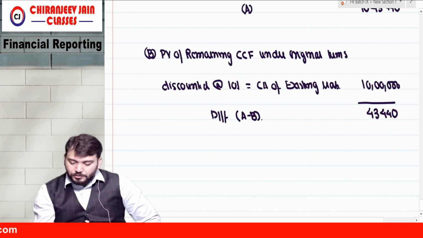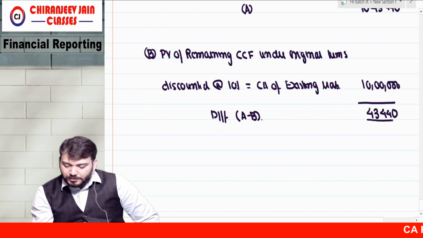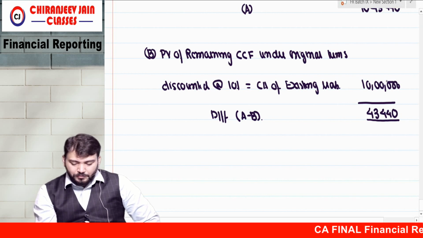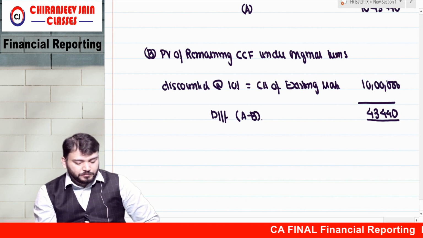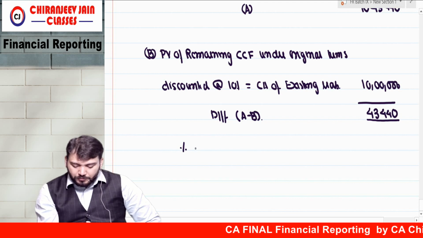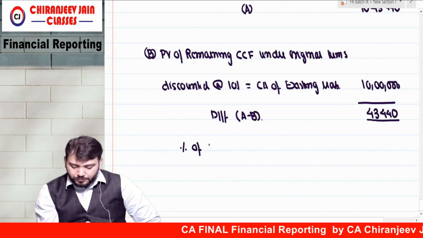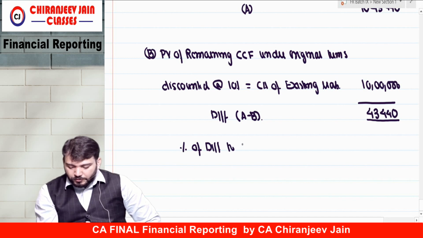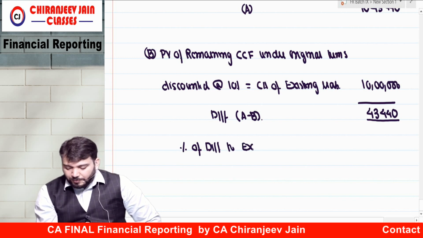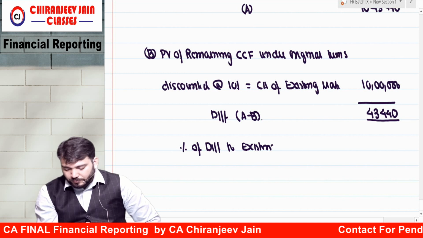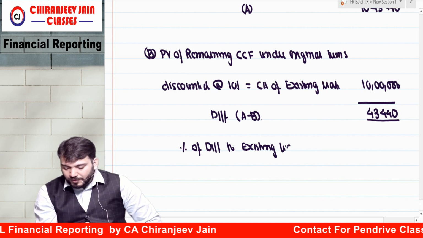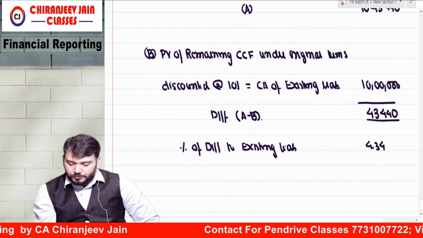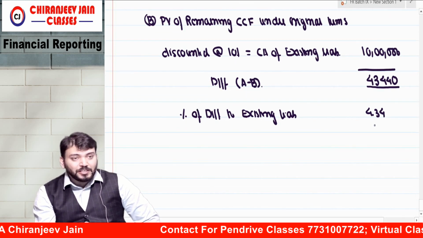So can I say this 43,440 is how much percentage of 10 lakh? The percentage of difference to existing liability is 4.34%, which is not more than 10%.